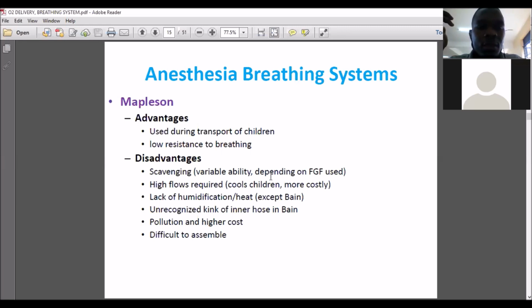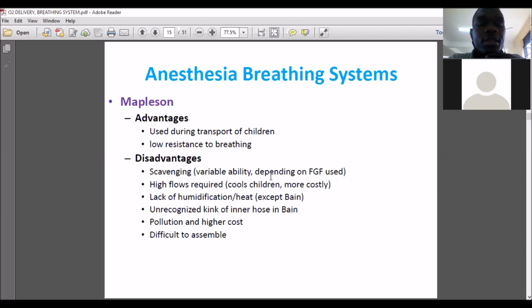On slide 15, let's move faster. For most of the other slides about the masks, high flows are required, so it needs too much gas. Giving too much gas is, one, costly, and two, it makes the child cold because the gas is taking away the child's heat.